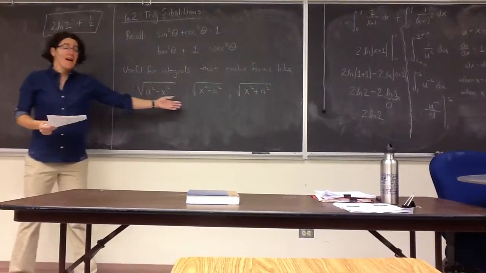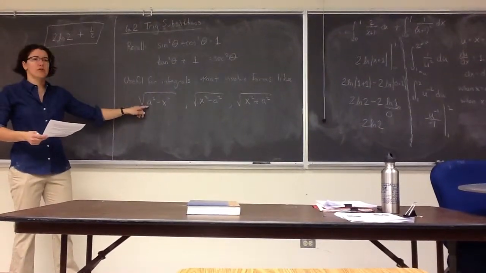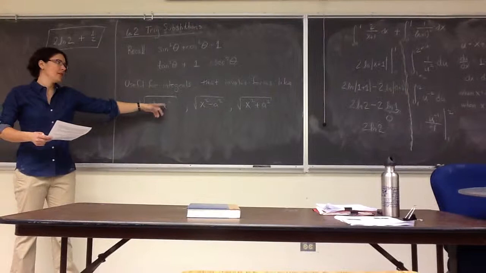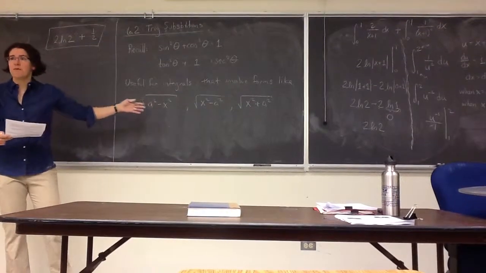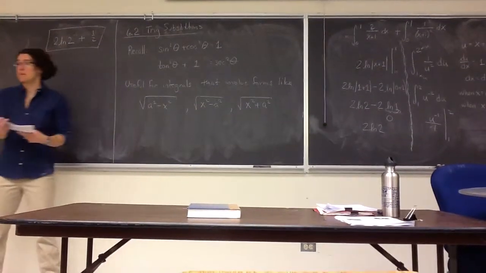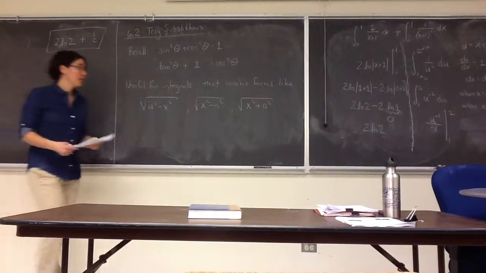So when we have integrals that involve a number squared minus a variable squared, or some form of that, under a square root, these trig substitutions might be the way to go.